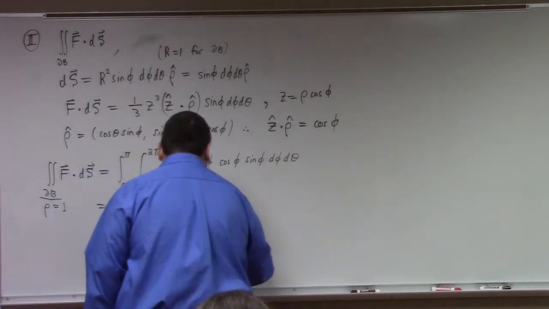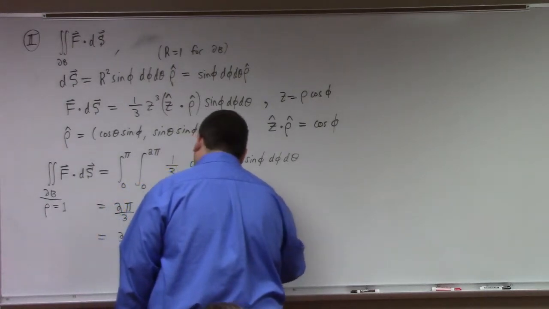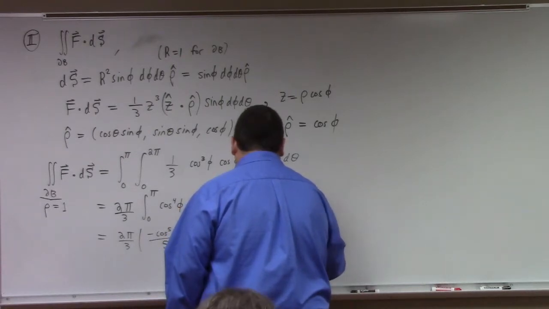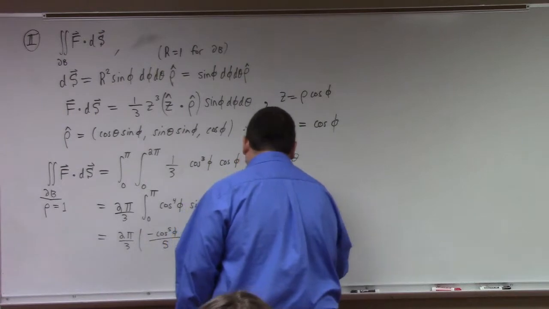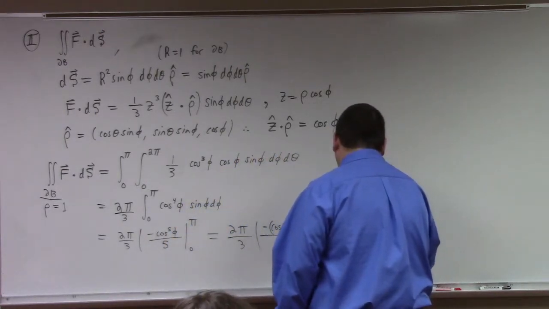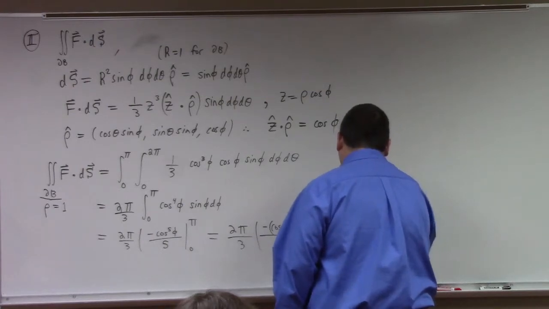All right, let me write it out in gory detail. 2 pi over 3. So we're looking at cosine of pi to the 5th power with a minus over 5, minus parentheses, minus the cosine of 0 to the 5th power over 5.